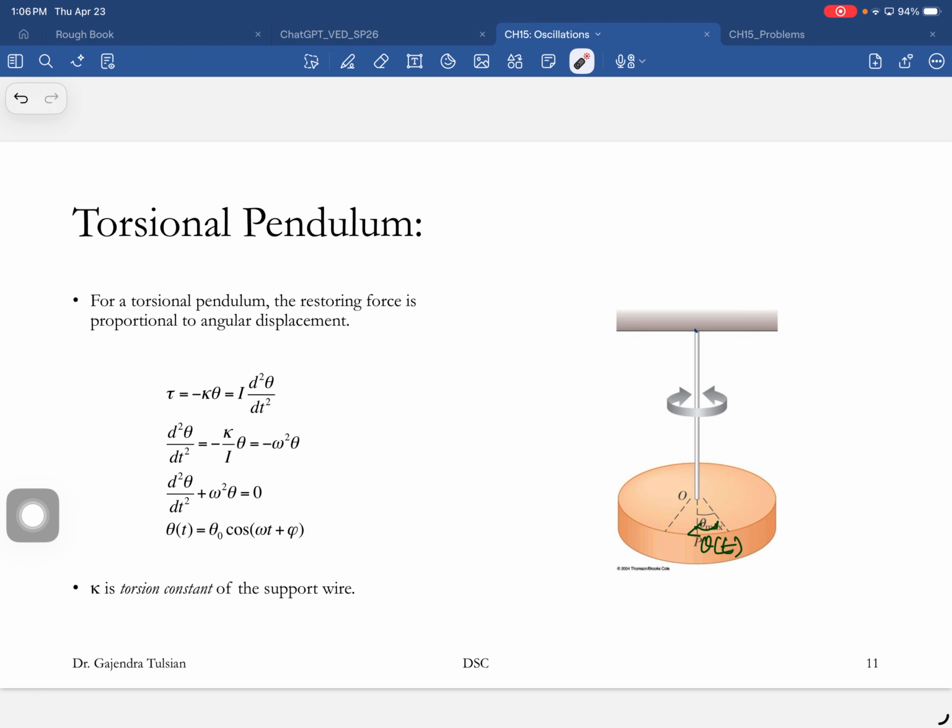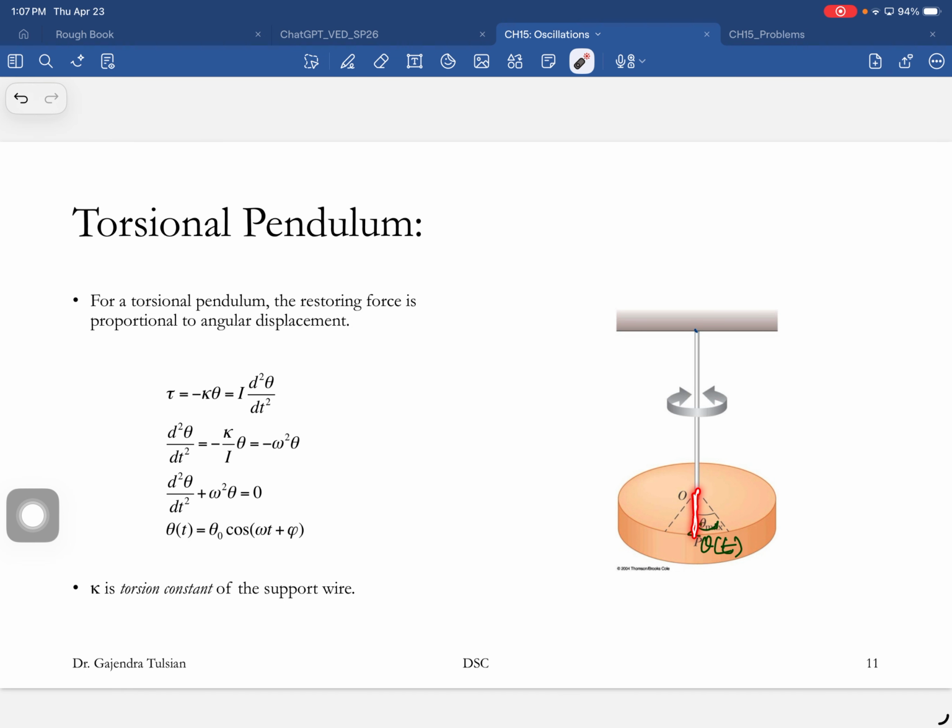All right, so now we'll study another system. Again, one of the things is you have to identify a coordinate to describe the configuration of a system. This is called a torsional pendulum. You have a stiff metal wire, and this wire goes through the center of mass of the system. If you twist it, it'll oscillate.